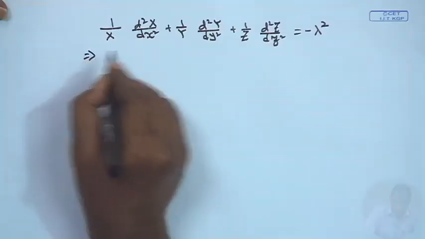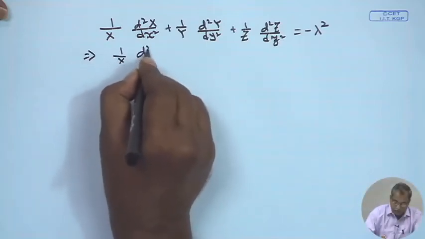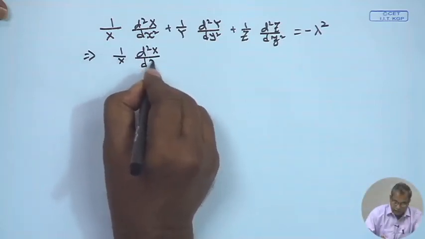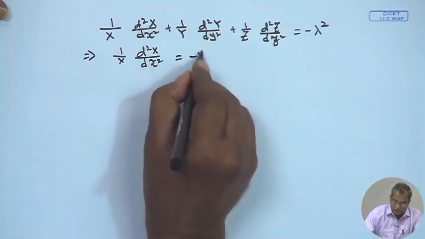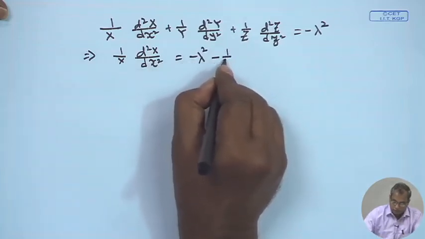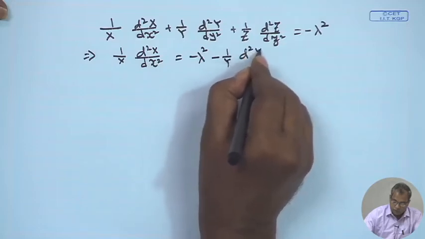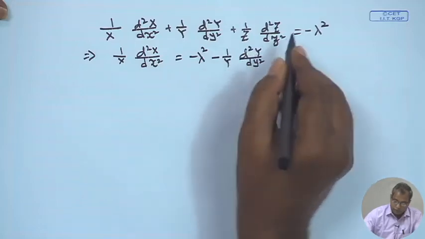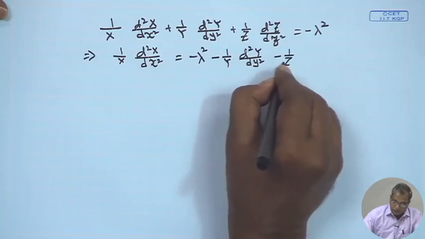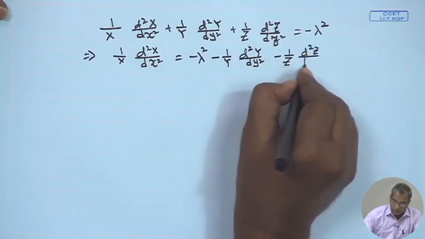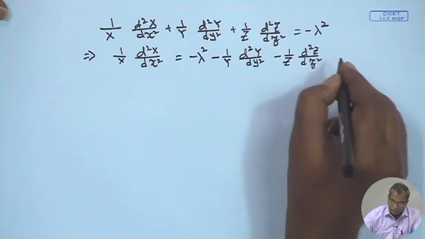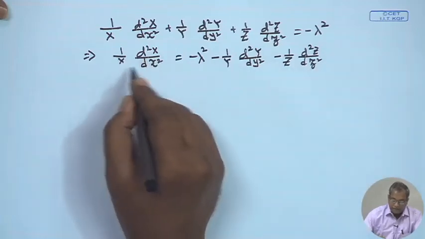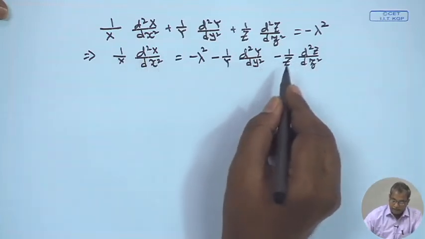Therefore, we will formulate a standard eigenvalue problem in these 3 directions independently. Let us formulate the standard eigenvalue problem in the x varying part. 1 over X d square X dx square is equal to minus lambda square minus 1 over Y d square Y dy square minus 1 over Z d square Z dz square, and the left hand side is a function of x alone, the right hand side is a function of y and z alone.